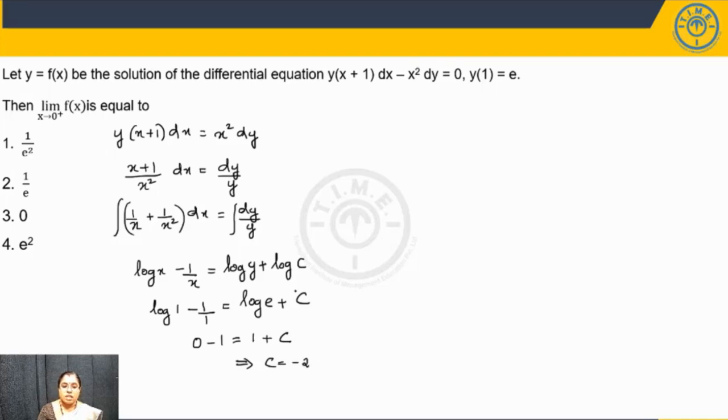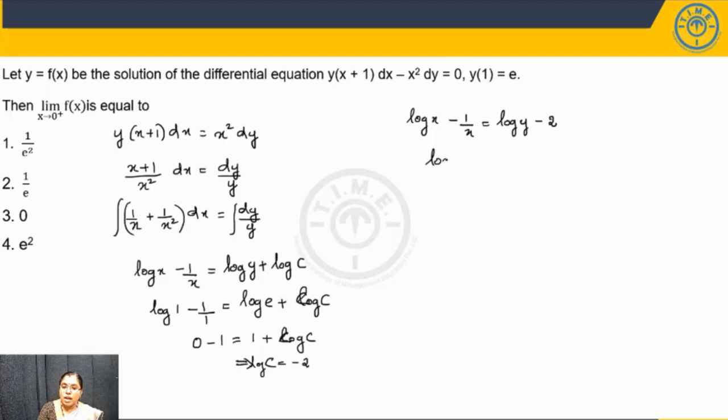So we can write the equation as, instead of c it will actually be log c, which is again a constant. So log c is equal to negative 2. So your equation becomes log x minus 1/x equal to log y minus 2. Let's rearrange.